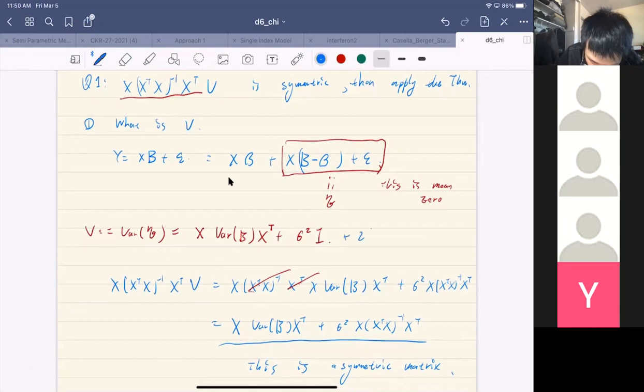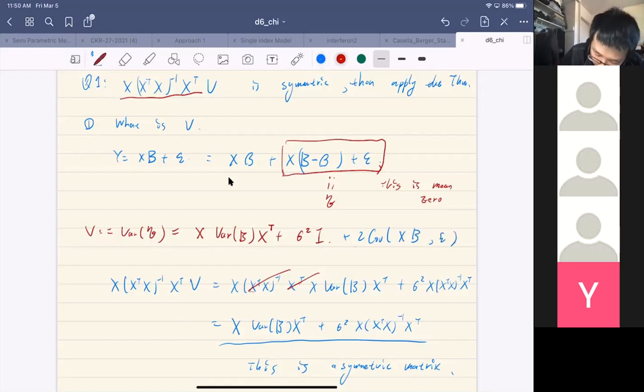We should have the covariance matrix. But the question said the covariance is zero, just the correlation of B and the noise, so it should have the X, B, and noise.